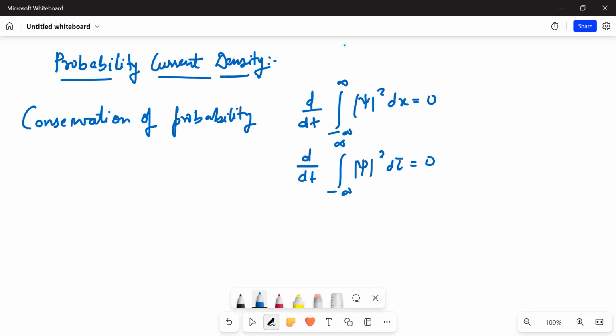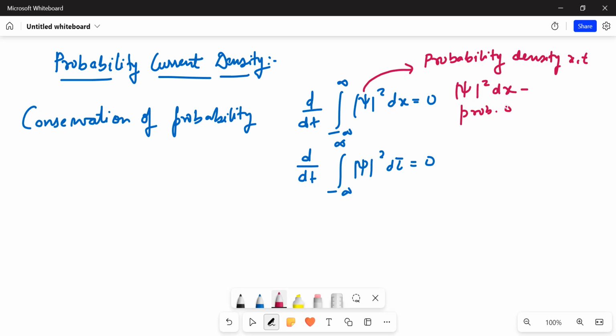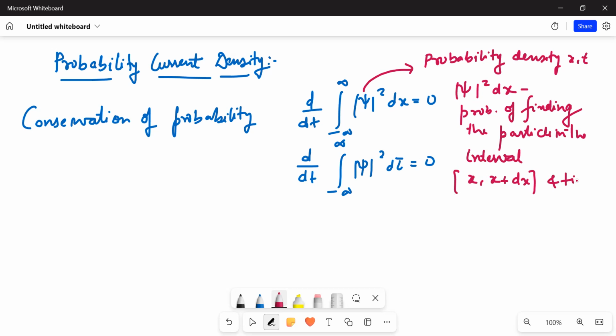What does |psi|² represent? I've told you many times. |psi|² represents the probability density at a point, let's say x and t, and |psi|² dx represents the probability of finding the particle in the interval x to x plus dx at time t.